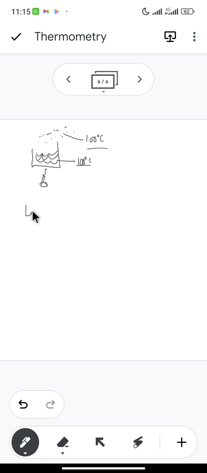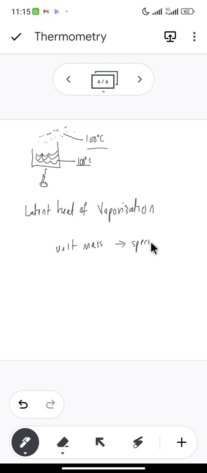Latent heat of vaporization. Now, I forgot to tell you. Remember that I said whenever you talk about unit mass, you're talking about what? Specific. So please include specific to this.